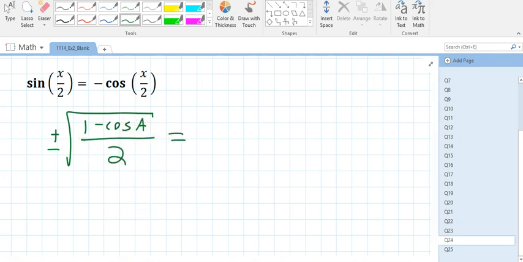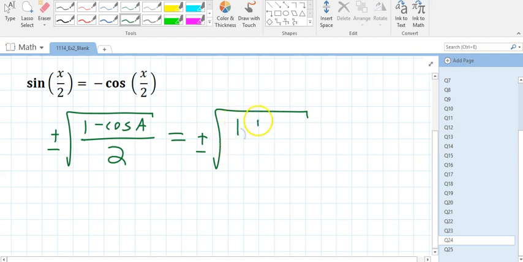And that should equal, we know what cosine x over 2 should be. And then a in this case is really x. So we'll just modify that.